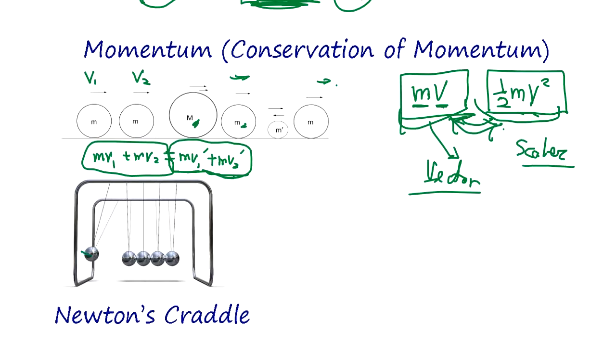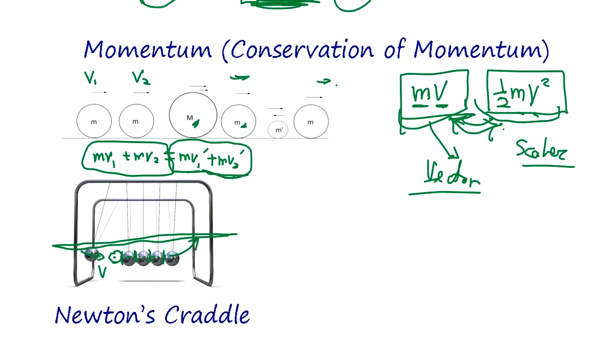Suppose you give an initial speed v and it hits. Since it's the same mass, this one stops and loses its entire momentum. The entire momentum is transferred to here, and transferred here again, and here again, and this one moves up to the same height if there's no loss of energy.